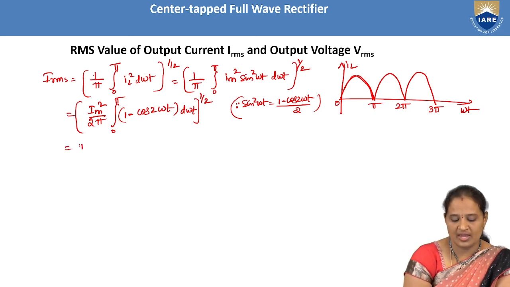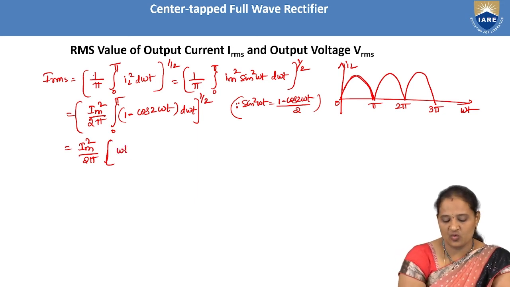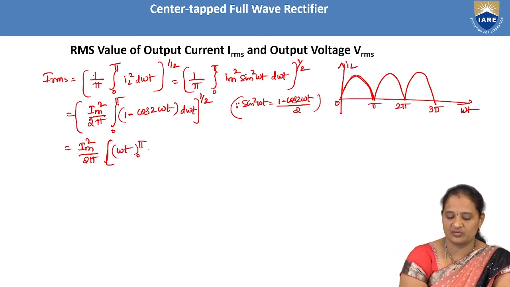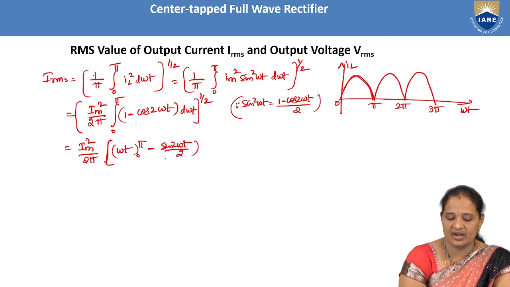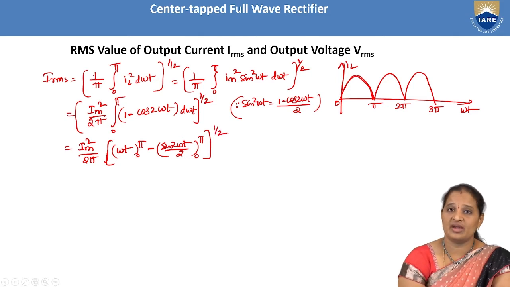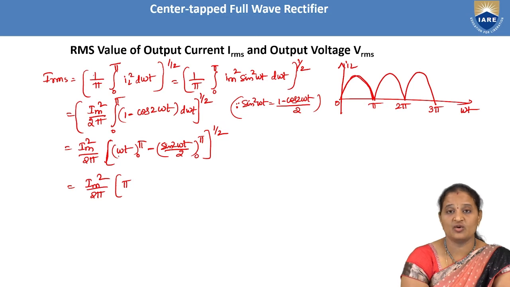So now Im square divided by 2 pi. Integration of a constant is omega t, with limits from 0 to pi, minus integration of cos, which is sine 2 omega t divided by 2, from 0 to pi, whole to the power of 1 by 2. Now I am substituting upper limit minus lower limit in omega t.